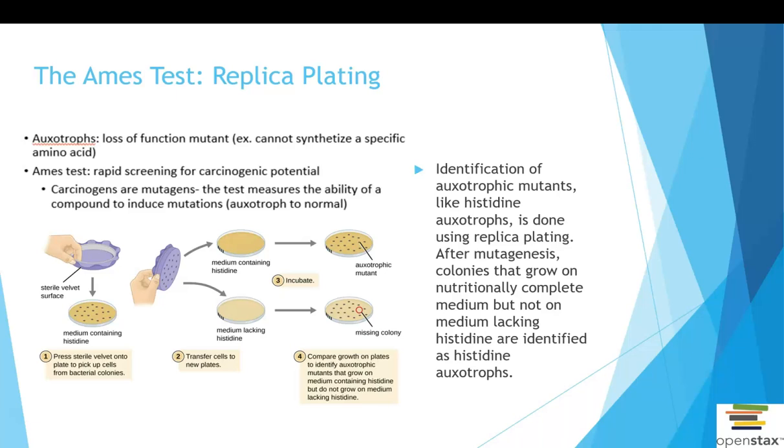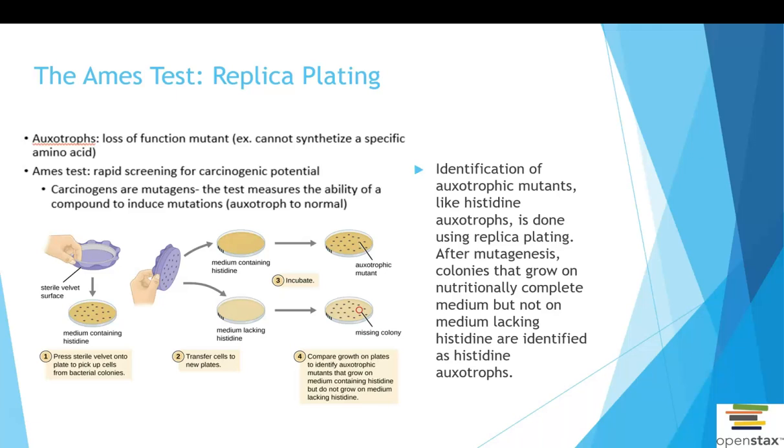It's a technique that uses bacteria for rapid and inexpensive screening of the carcinogenic potential of chemicals.